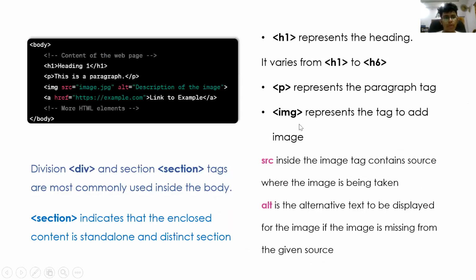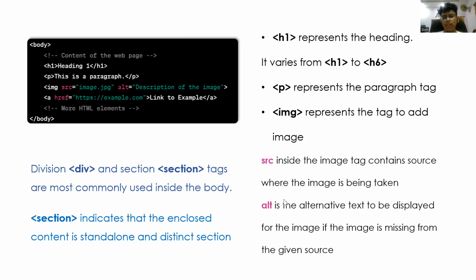Now, inside the body part, as I have said, it has this H1 tag which represents the heading, and it varies from H1 to H6 depending on the size you want. You can use the tags. Next, the P tag represents the paragraph, and the image tag is used to add an image. And inside that you can see src and alt. SRC represents source, which contains the location where the image is being taken from.